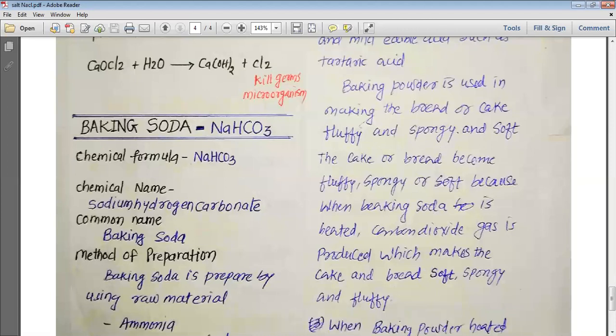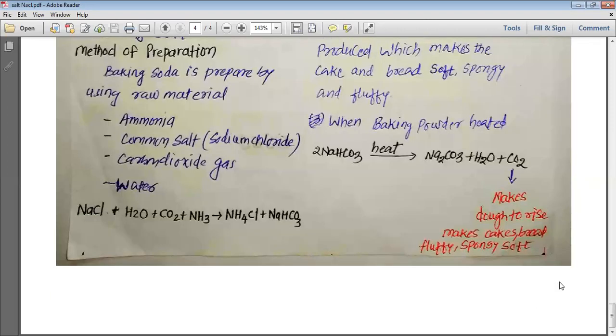You can see the chemical reaction: when baking soda is heated, it produces Na2CO3, H2O and CO2. This CO2 produced makes the cakes fluffy and spongy. So this is how, my dear students, we come to know about the various uses of baking soda and other things.